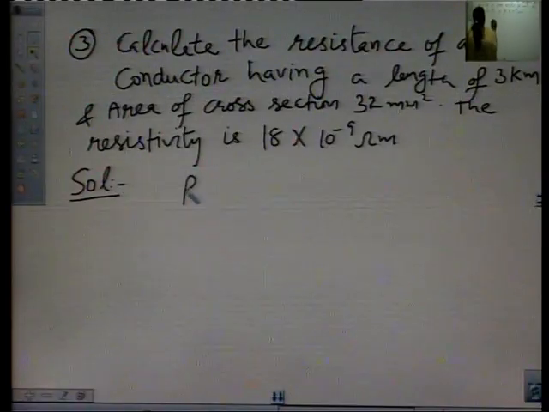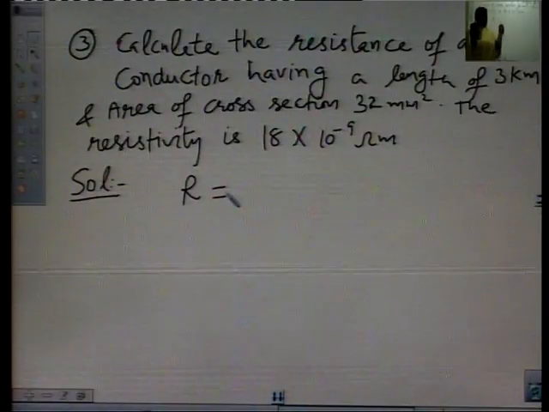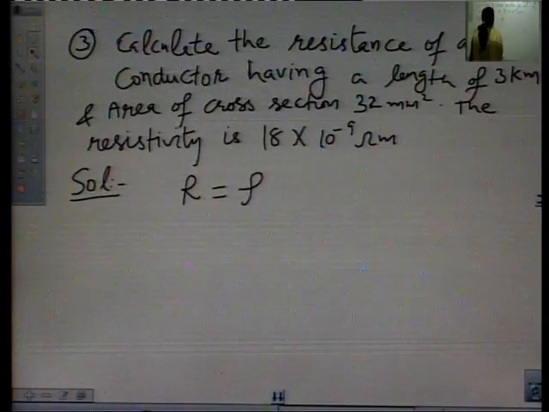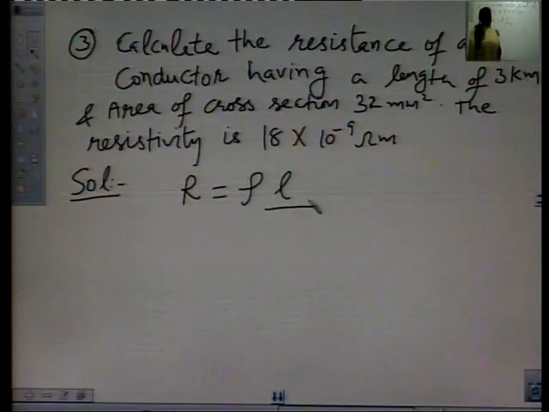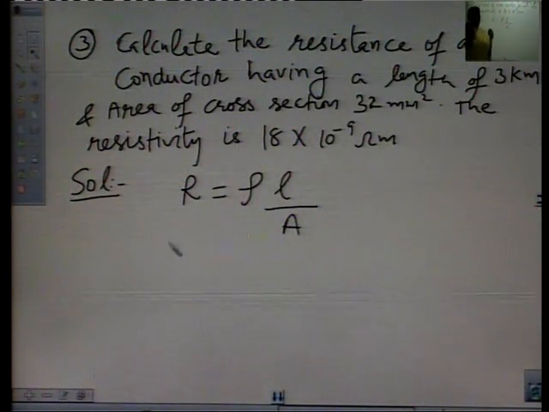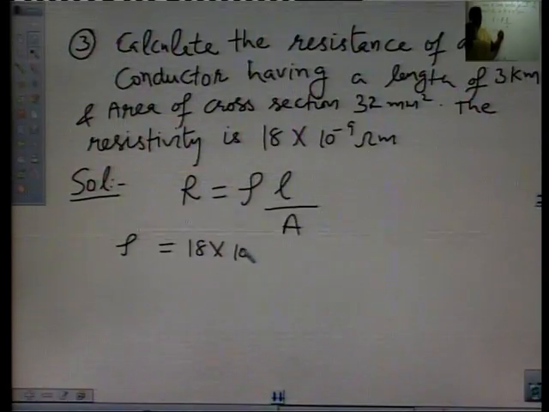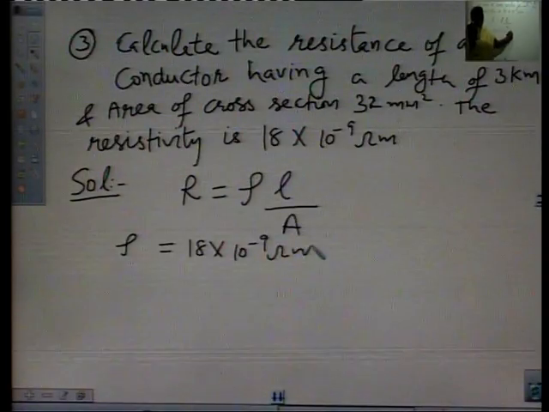So as we know that the resistance of any conductor depends upon three factors. First is the nature of metal used. It depends upon the type of metal which is used, upon the length of the material and area of cross section of the wire. So we are given the resistivity rho is equal to 18 into 10 raised to power minus 9 ohm meter.